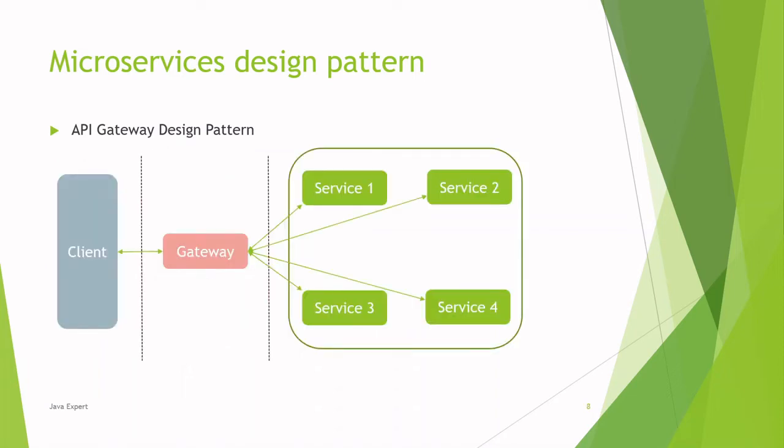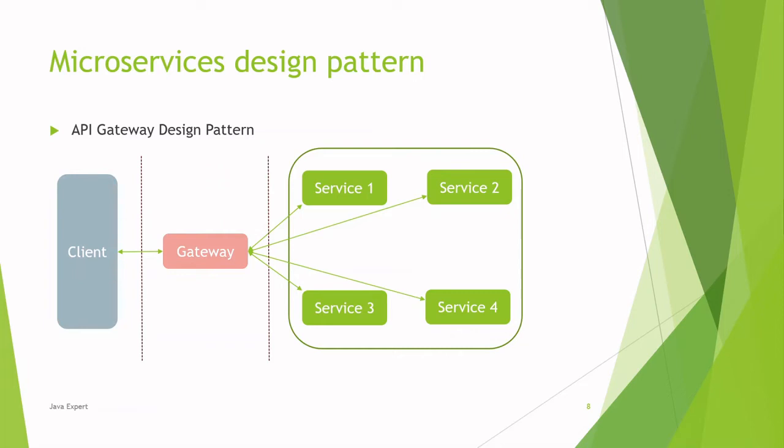First one, API gateway design pattern. See, we have many services for an application. So when a client tries to call service 1 or 2 or 3 or 4, they cannot remember all your IP addresses, ports, all those things, right? Earlier in monolithic architecture, we had only one server that is easy for the client to remember. Now we have many things, right?